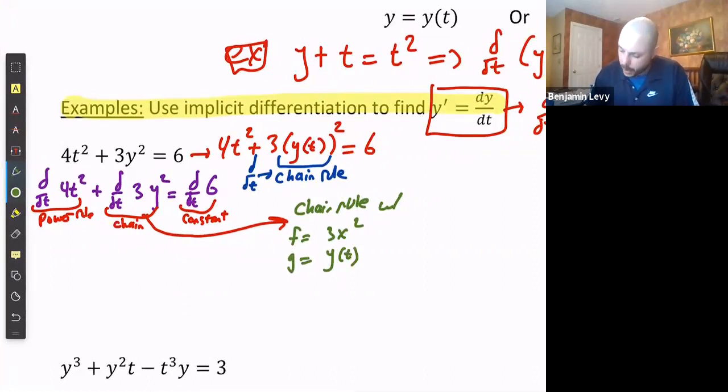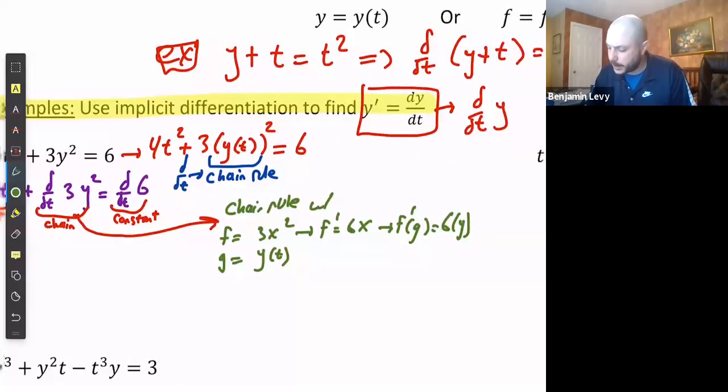And so f prime is just going to be 6x, but we want f prime with g plugged in, so that's going to be 6 times y. I'm just thinking through the chain rule. And then when you differentiate the g part, it just becomes y prime, right? So g prime is just y prime.